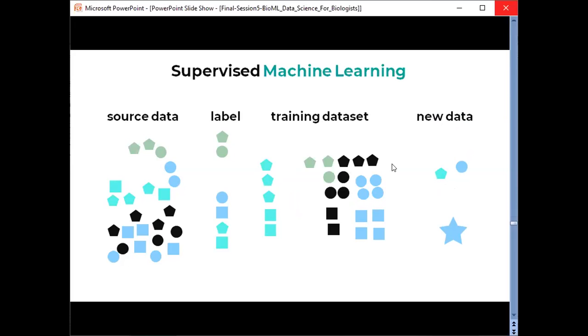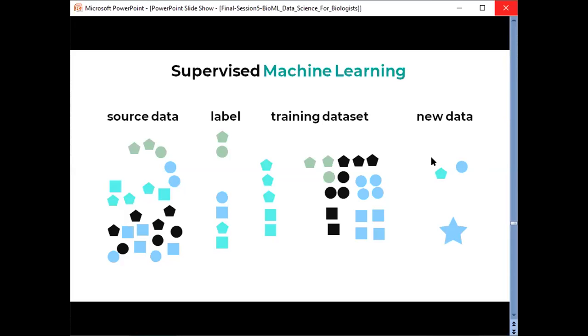In a biomedical project, there could be clinical data or other phenotypic data like type of tumor. Here we know what is square, what is circle, and what is pentagon. But in medical data, these labels can be cancer or normal, or cancer subtypes.